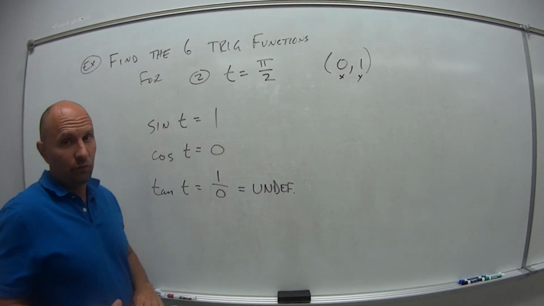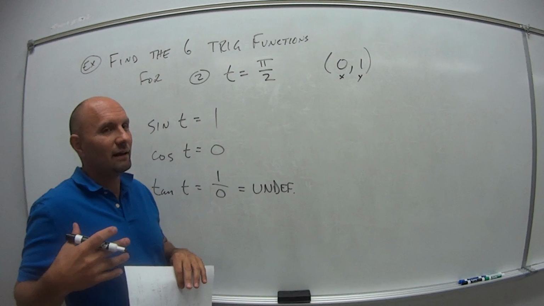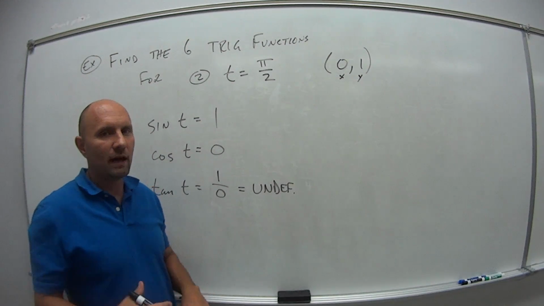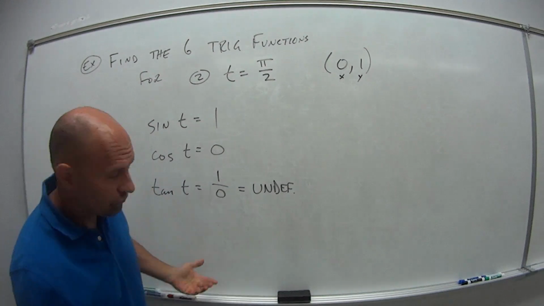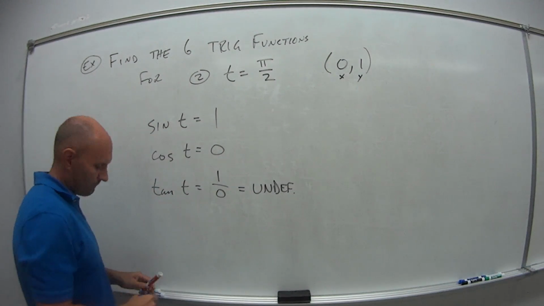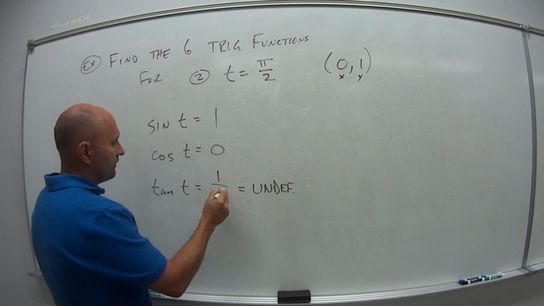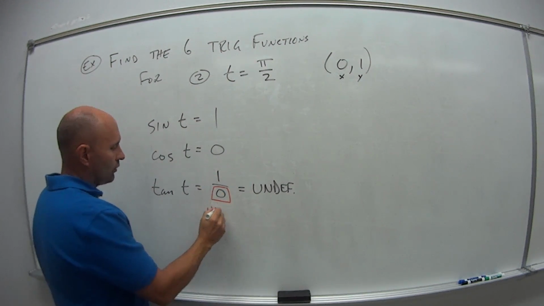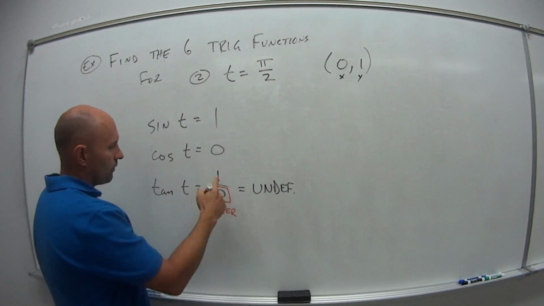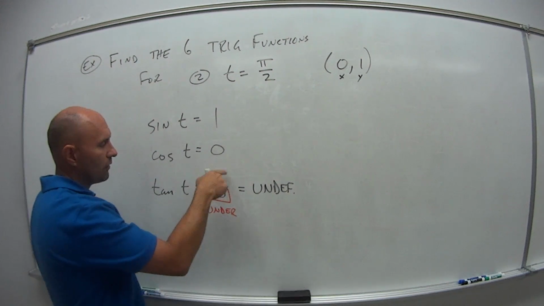I see a lot of students always have trouble. Is it 0? Is it undefined? They're not sure. They've never been taught a trick, or they've never really figured it out. So I'll show you this trick. Maybe that'll help. If 0 is in the denominator, it is under the 1, or whatever number is in the numerator.